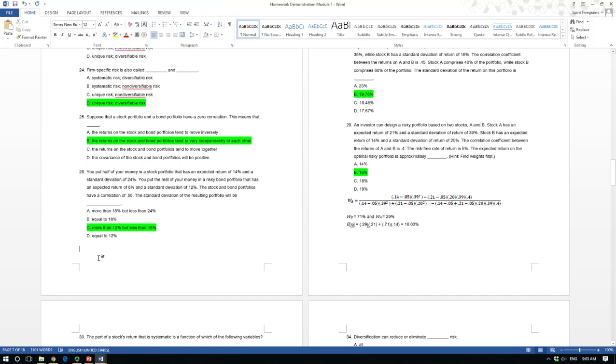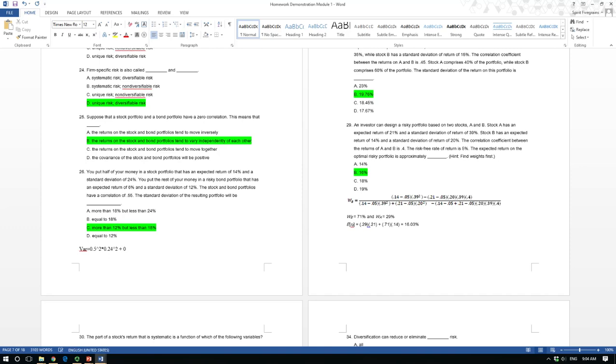Right. So here you probably want to do a little calculation. The variance of the portfolio equals the weight for the first one, half, which is 0.5, squared, times sigma 1 squared, 0.24 raised to the power of 2. That's the first term.